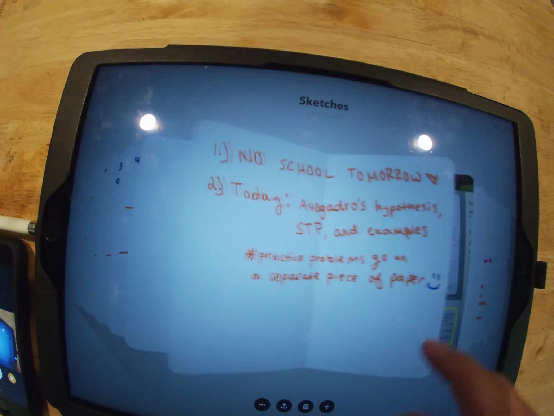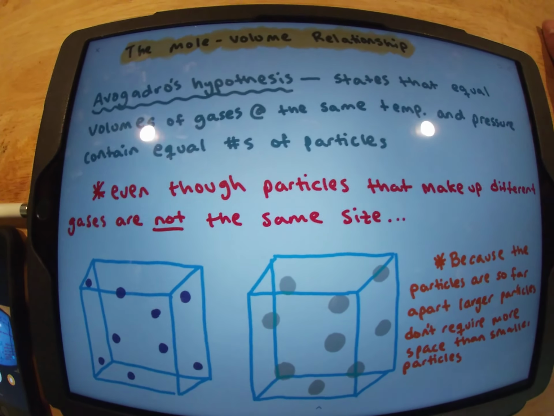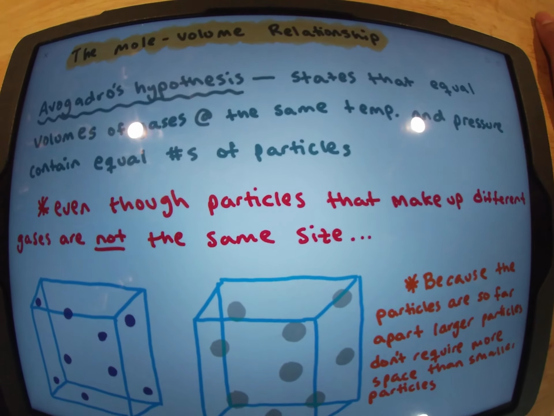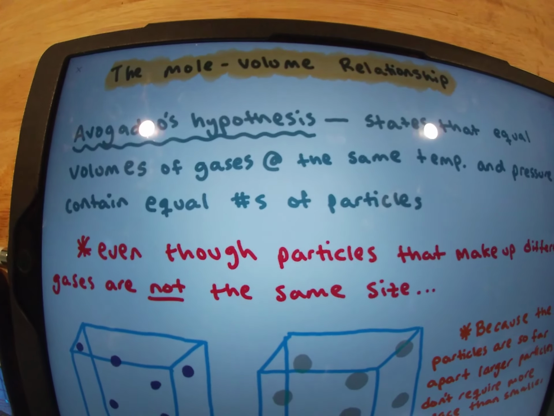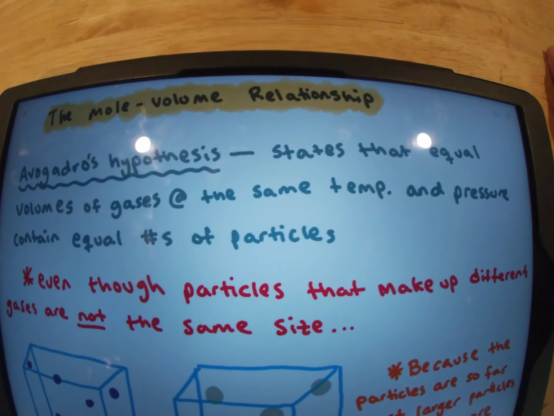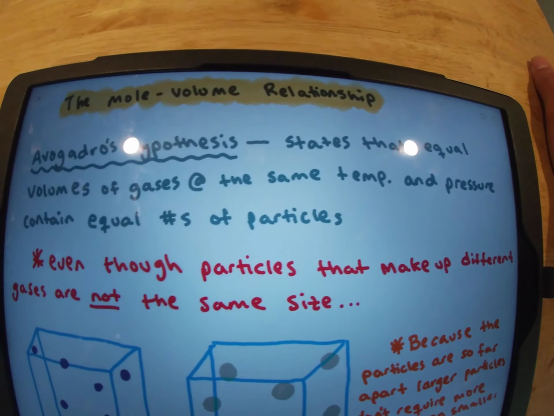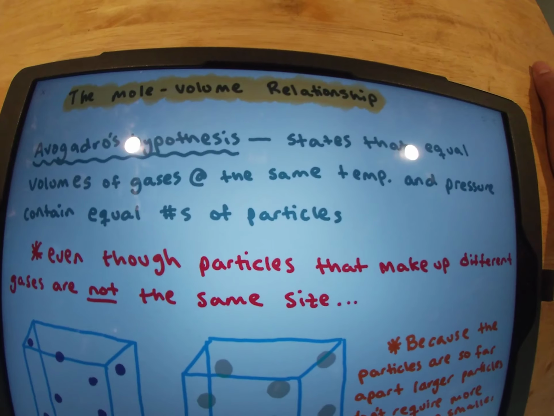The first thing that we have to understand is something called Avogadro's hypothesis. Avogadro's hypothesis states that an equal volume of gases at the same temperature and pressure contain equal numbers of particles.